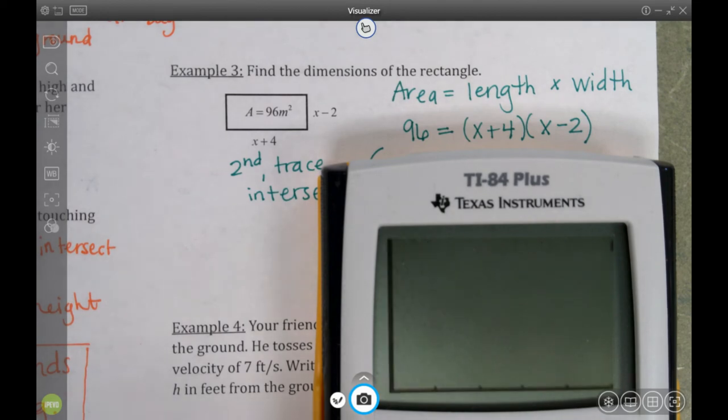And then I'm going to hit graph. But it does not show me those two things. So that means I need to fix my window.